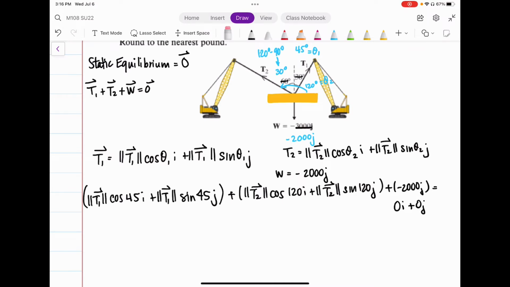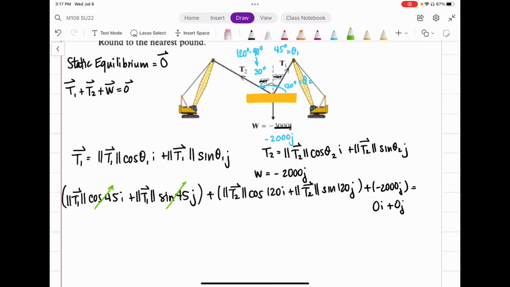Let's evaluate the degree measures. I know that the cosine and sine of 45 degrees are both root 2 over 2 from the unit circle. The cosine of 120 is negative 1/2, and the sine of 120 is root 3 over 2.